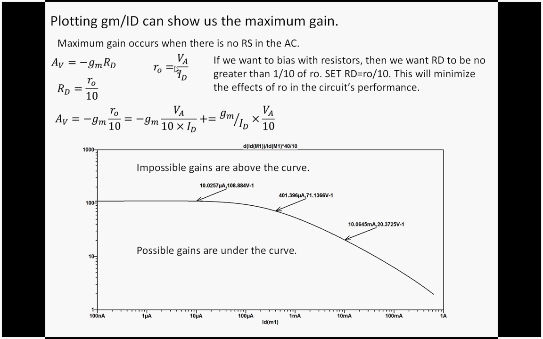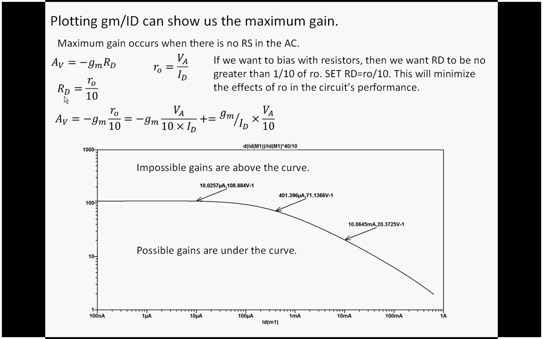All right. So we can actually use that plot to show a maximum gain for a CS amplifier. If we simplify the gain equation to the open loop, the gain in a common source amplifier is minus GM RD, right? Now how can I ignore the resistance of the op amp?